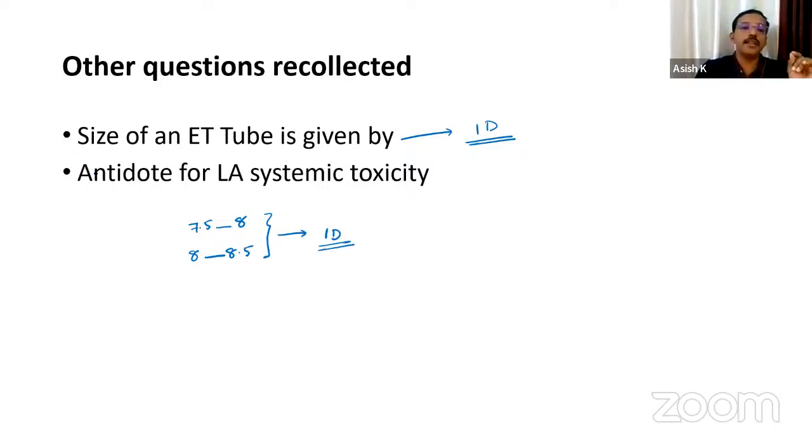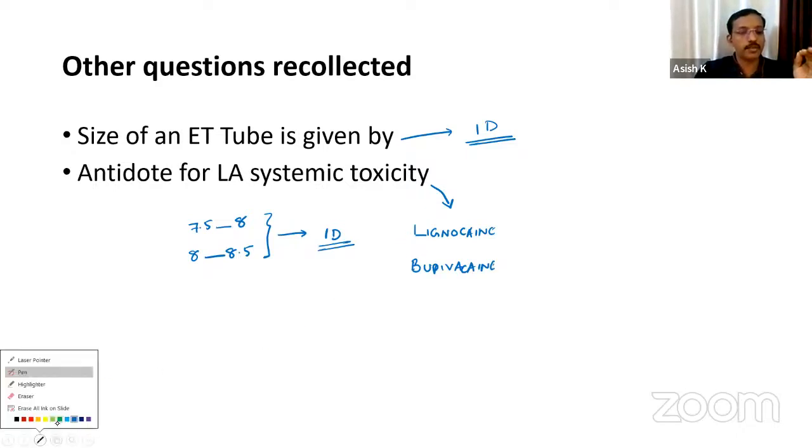Okay, and somebody has recollected that they have also asked a question on the antidote for local anesthetic systemic toxicity. Now I don't specifically recollect whether they have asked about lignocaine or bupivacaine. But anyway, both things have been discussed. It's very easy. I hope most of you will recollect that also.